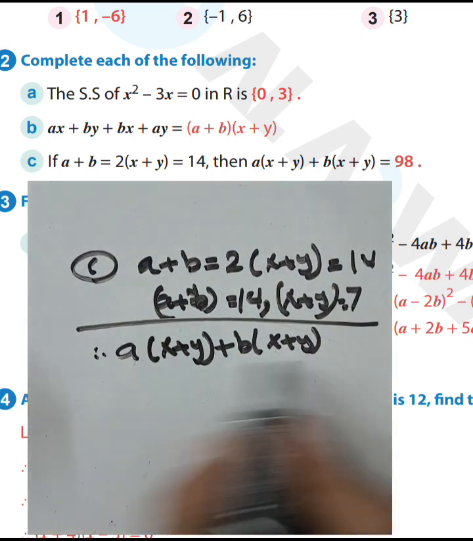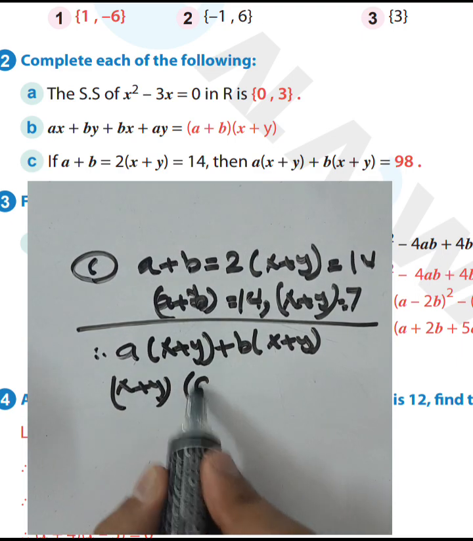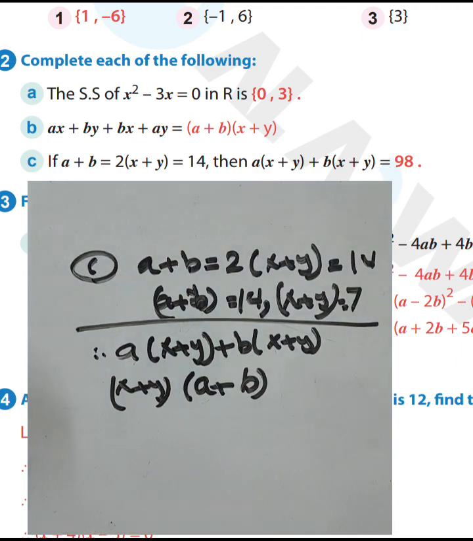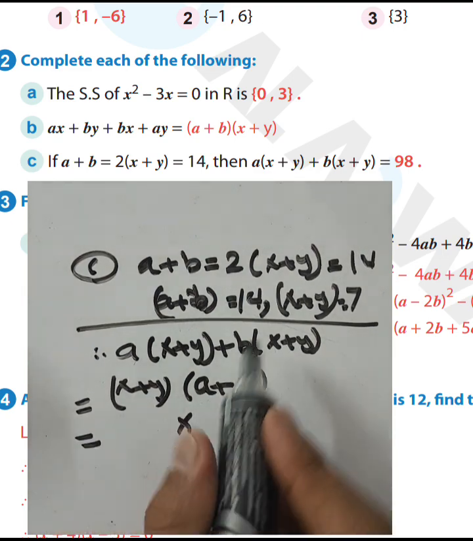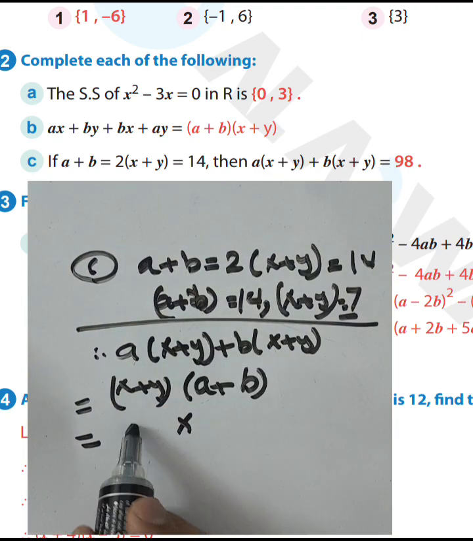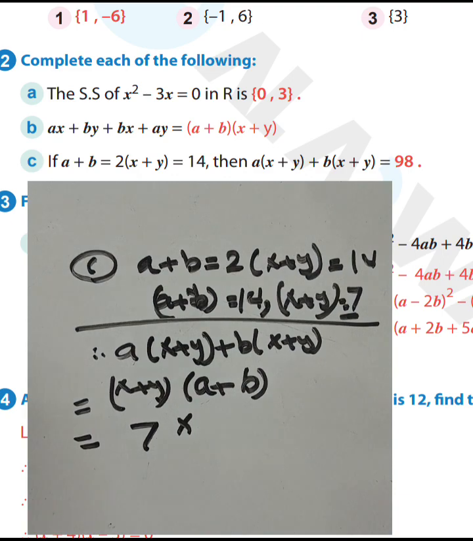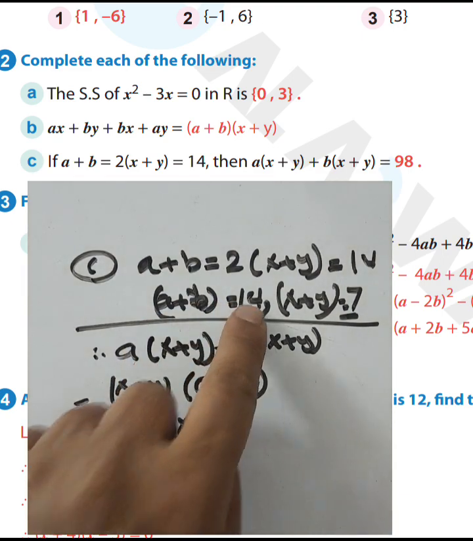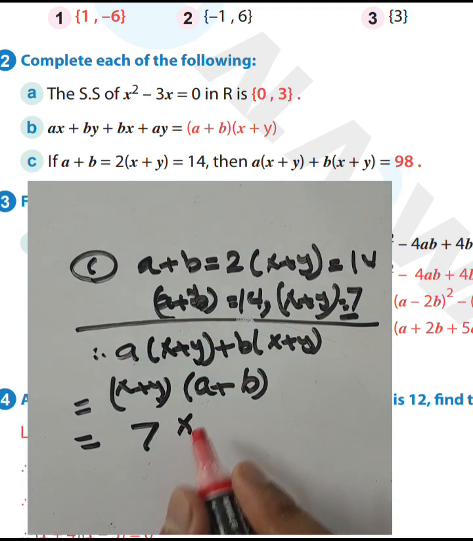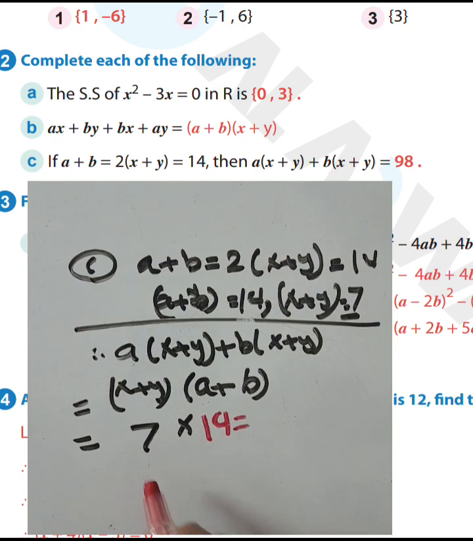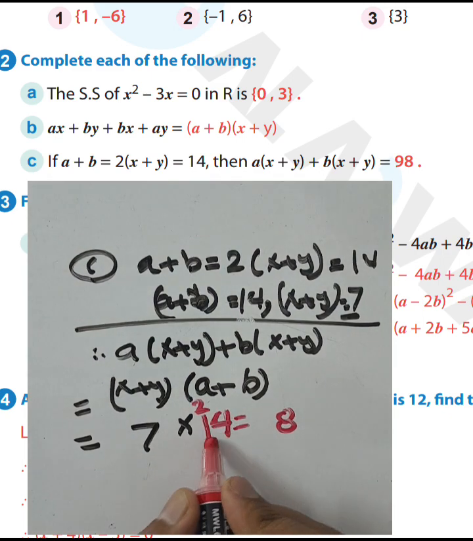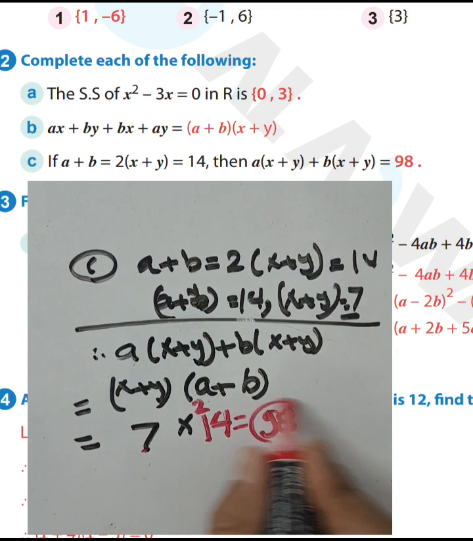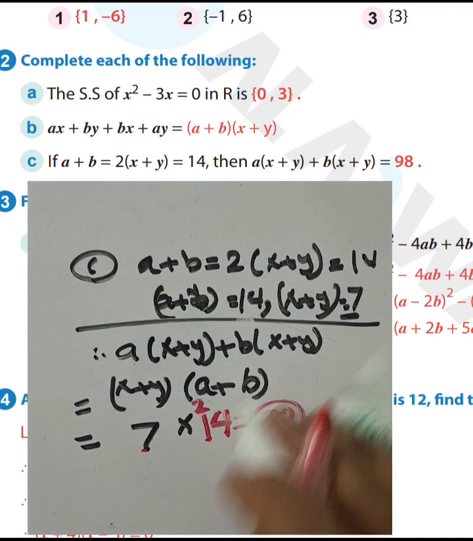We can write x plus y as the highest common factor between two terms, and the remainder here is a, the remainder here is b. Then the value will be x plus y, which was 7, multiplied by a plus b. The value of a plus b was 14. Then 4 times 7 equals 28. Write 8 and carry 2. 1 times 7 equals 7 plus 2 equals 9. Then the result will be 98.